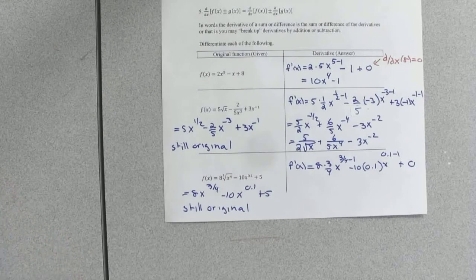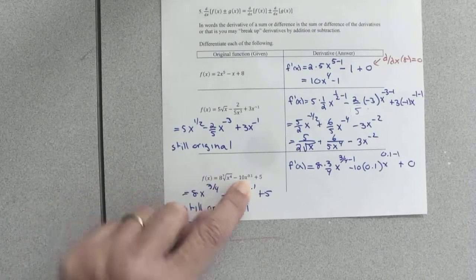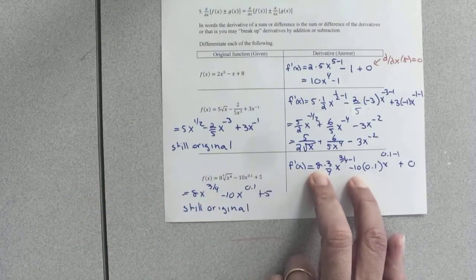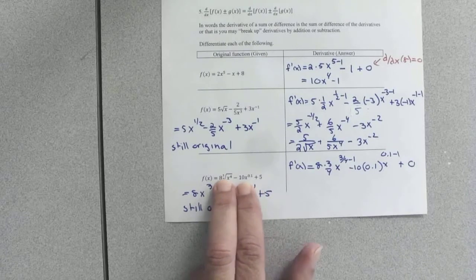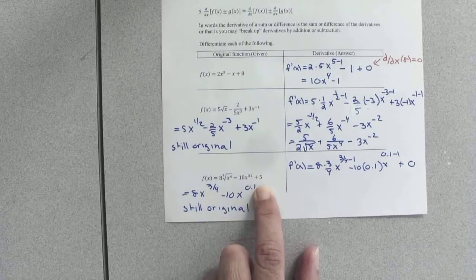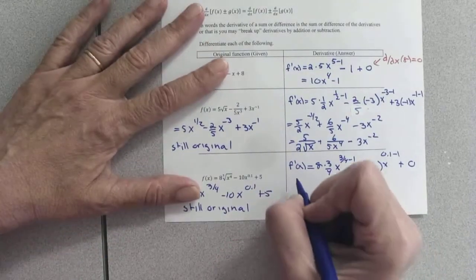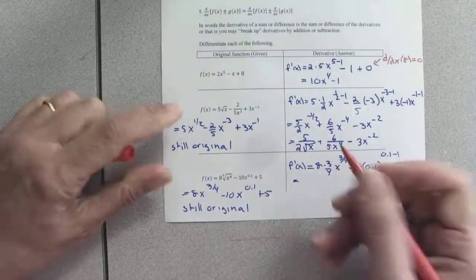Now, sometimes people confuse constants with coefficients. This 8 and 10, they are just coefficients. We just write them down. They are numbers in front of variable terms. Those are coefficients. But that 5 on the end, sitting all by itself, is just a constant, and the derivative of a constant is 0. And let's make this look prettier.